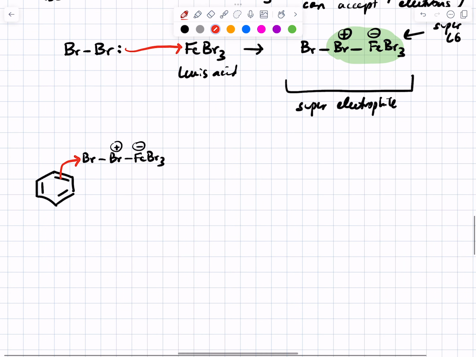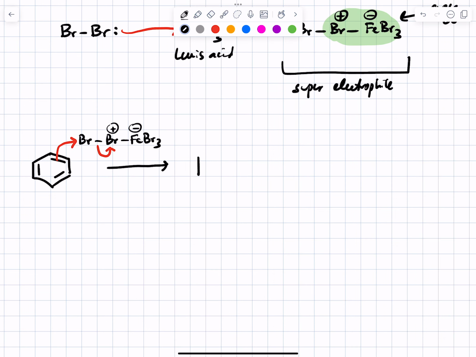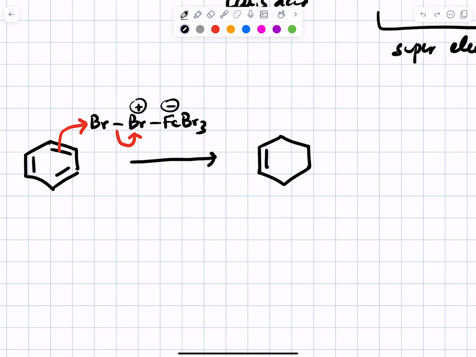Then we'll break the bromine-bromine bond and the leaving group leaves, and we get an intermediate. And it's an intermediate that's similar to intermediates we saw for alkene addition reactions. One of the carbons of this pi bond is going to get the bromine, and the other is going to get a positive charge.